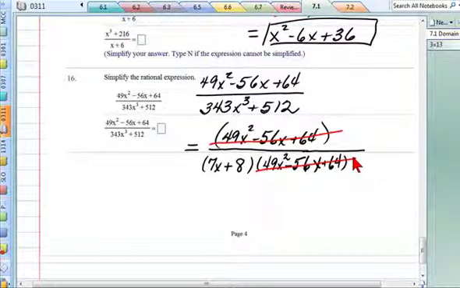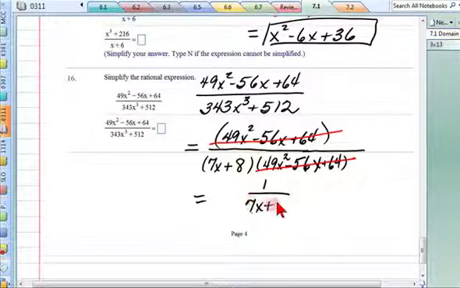When you get to number 16, you can sort of anticipate that happening. So what are you left with? 1 over 7x plus 8.